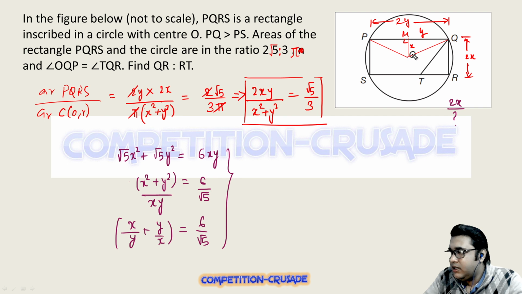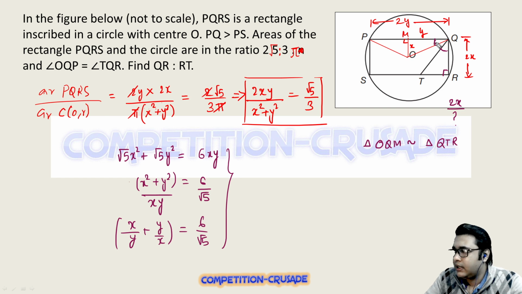So we know quickly, triangle OQM is similar to triangle QTR. And how is that so? 90 degrees, 90 degrees, this angle is equal. Let me use the ratios of the similar triangles.